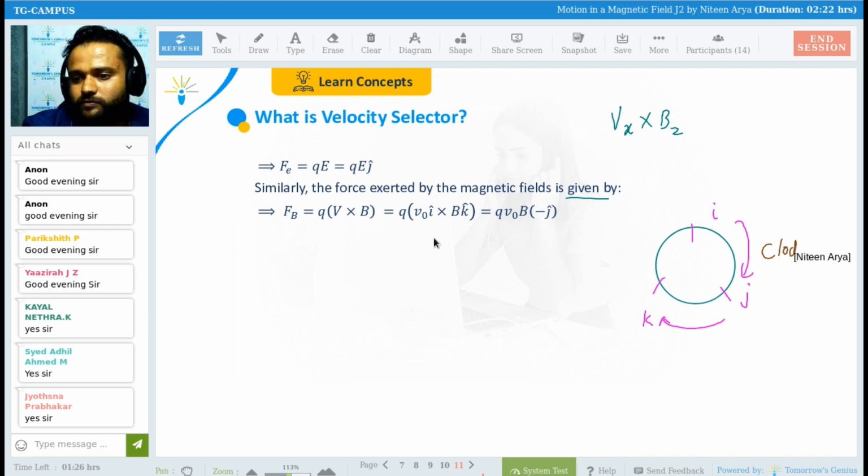The clock is moving like this. So in the clockwise direction, you get the positive.